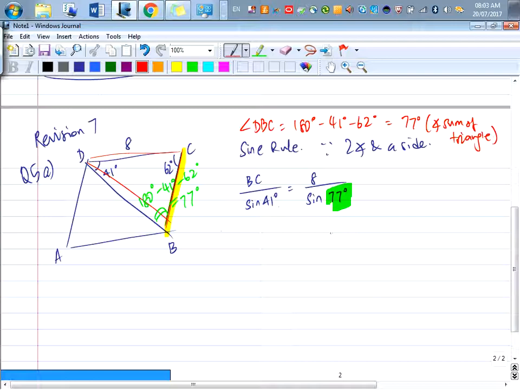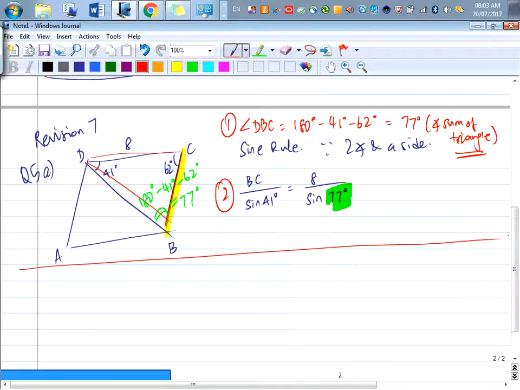Okay, this is my first step. Then my second step, I will write this down. Please take note, when you write down angle sum of triangle, you cannot just draw a triangle. Not allowed. You must spell it out. Okay, so once you have this, you can solve the equation yourself. So that is where we are going to stop for 5A. This is a practice on how and which rule we should choose.